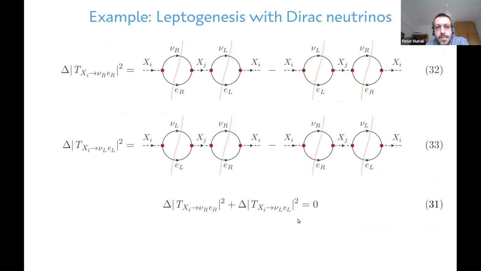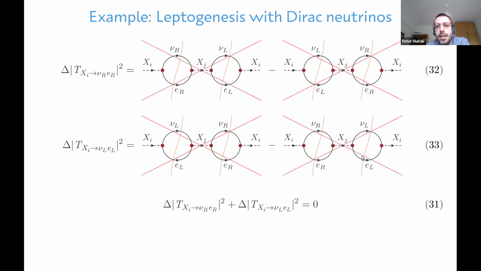Okay, this is how the cancellation actually looks like. We have the contributions to the right-handed final state and the mirror terms that will cancel with the initial terms of the left-handed final state decay. And similarly, these 2 terms cancel each other. So again, we can observe pairwise cancellations.